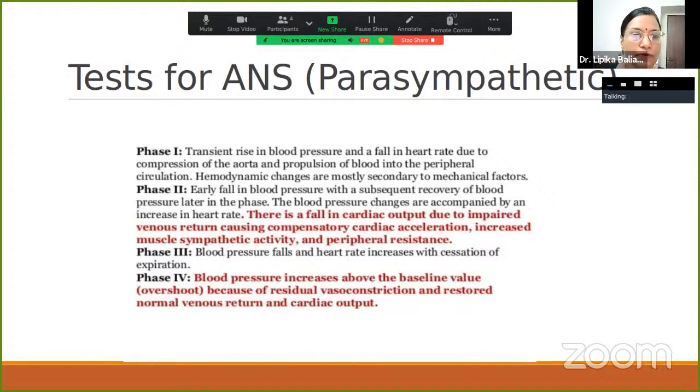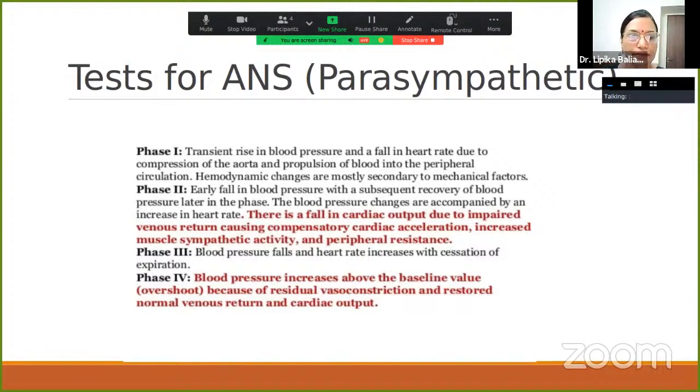In phase 2, there is an early fall in blood pressure with subsequent recovery of blood pressure later in the phase. The blood pressure changes are accompanied by an increase in heart rate. There is a fall in cardiac output due to impaired venous return, causing compensatory cardiac acceleration, increased muscle sympathetic activity and peripheral resistance.